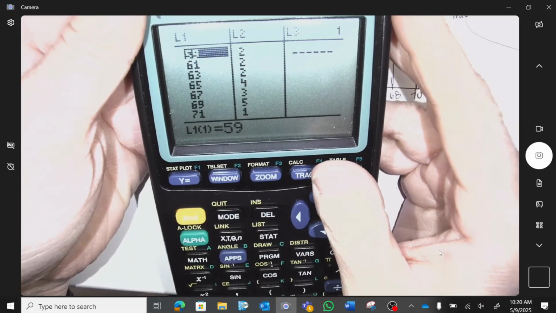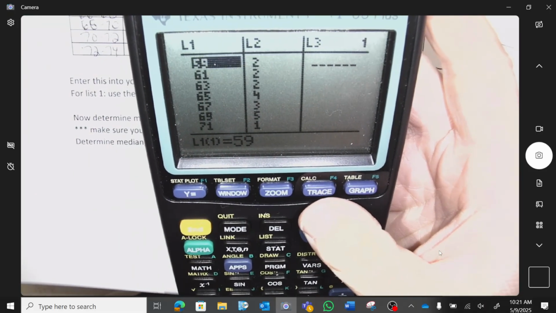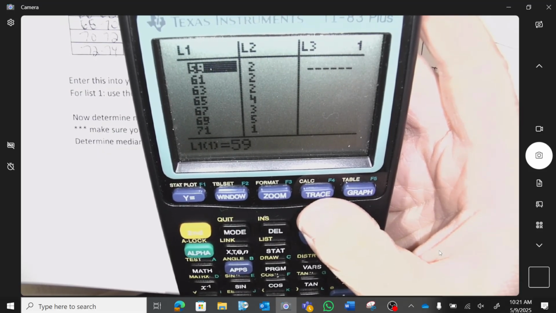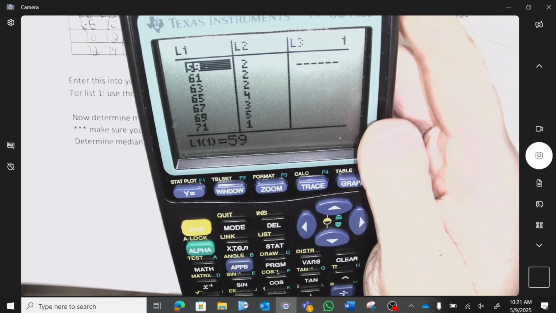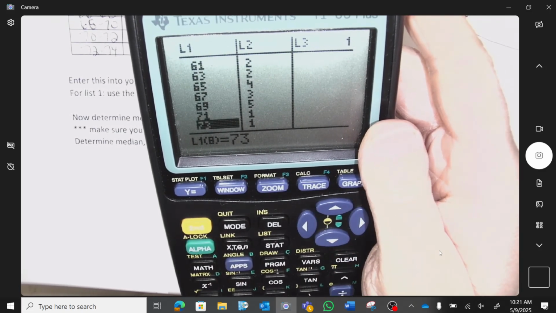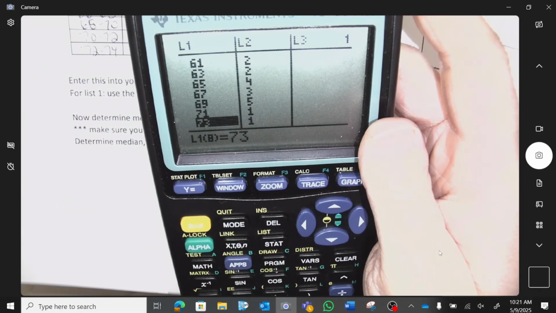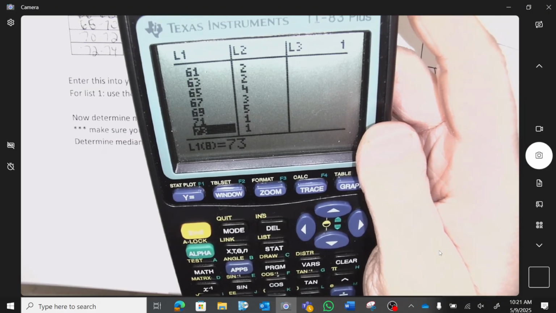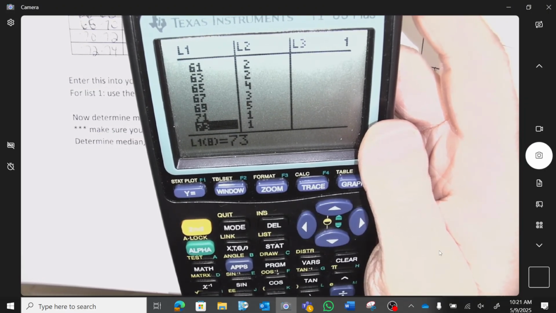Then the clear: you go up to the L1 and press clear, not delete. And then you enter it. You want to do the middle one. Do we all look like this? My first one was 59, and at the very end I should have had a 73 as my last. Do your columns have the same amount in them? Because if one column looks longer than the other one, your calculator will tell you you did it wrong.